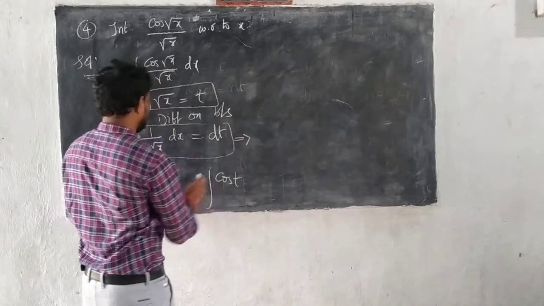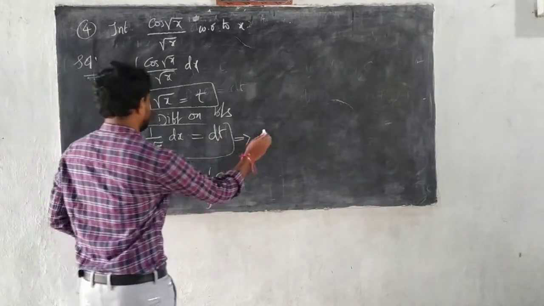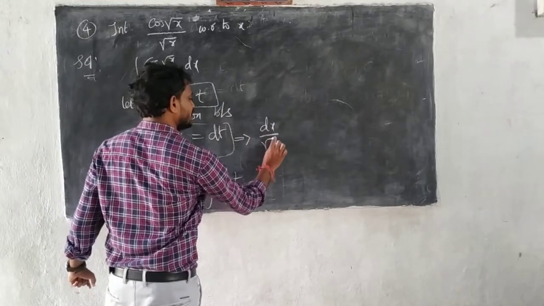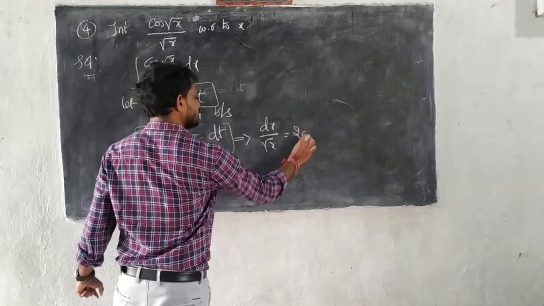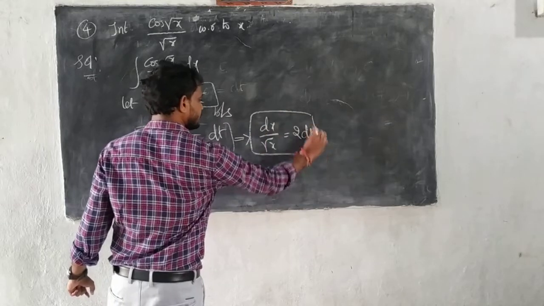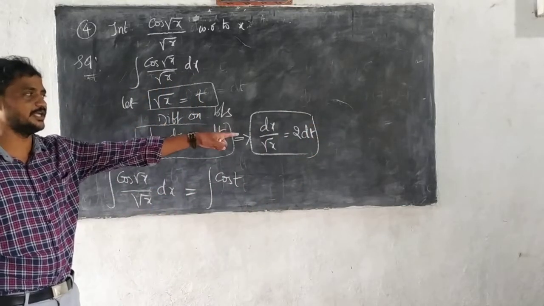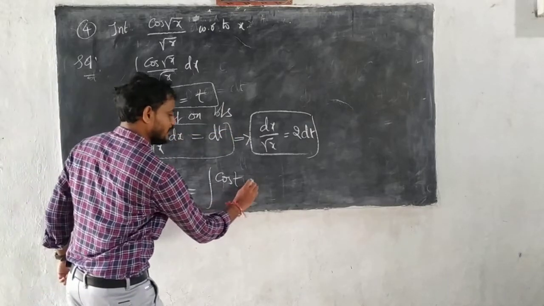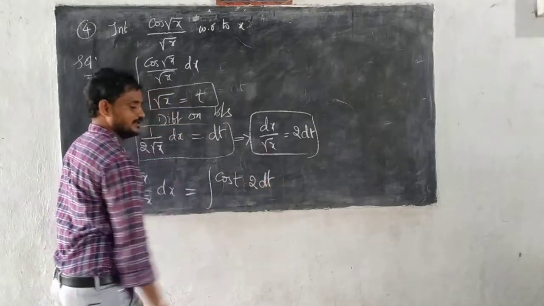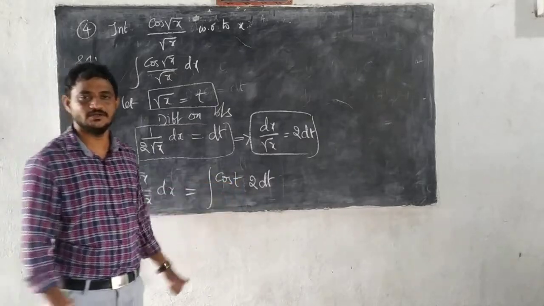So take the 2 to the RHS. Then dx by root x is equal to 2 into dt. So we get cos t into 2 into dt.